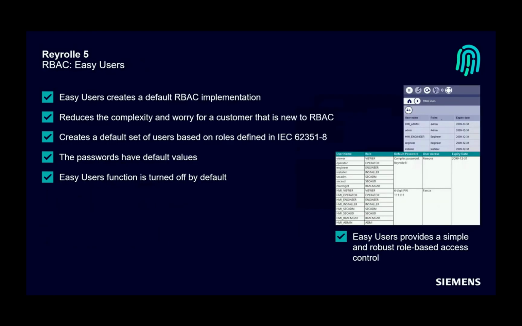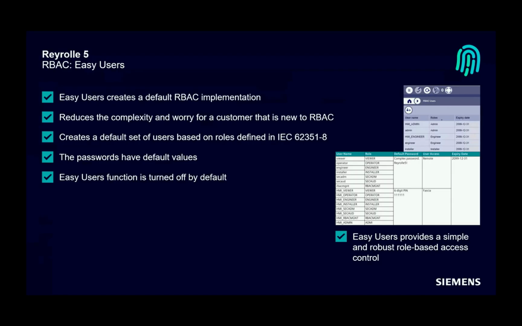The Easy Users function is used to quickly create a default RBAC security configuration. It reduces the complexity and worry for a user that is new to RBAC. It creates a set of default users with a user based on each predefined role in the IEC 62351-8, as we discussed earlier.